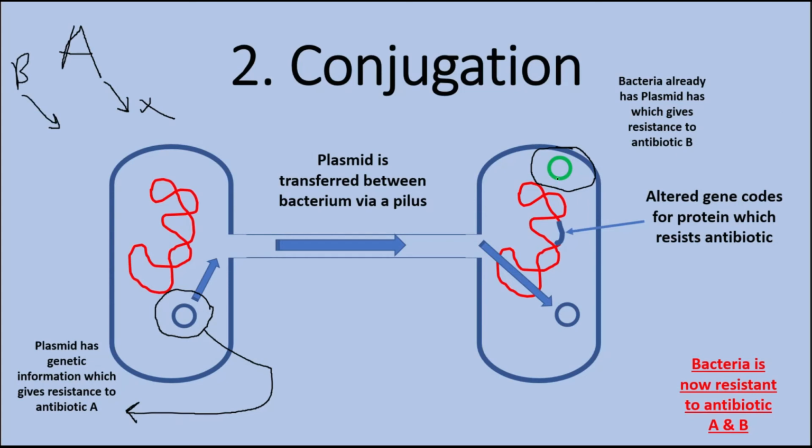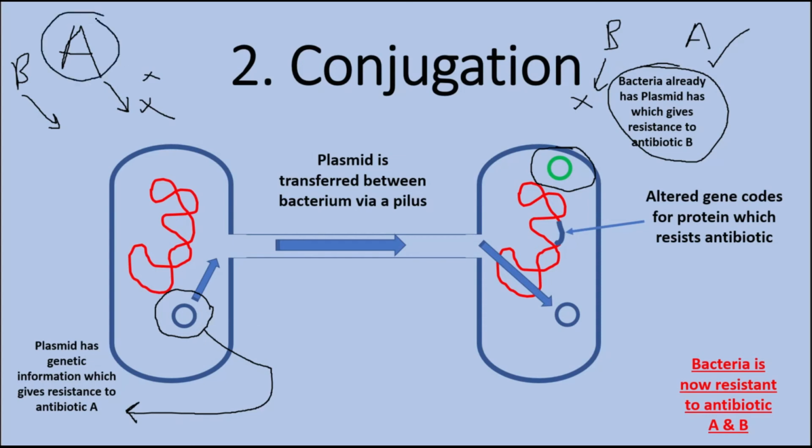And over here you've got this bacteria, which has the plasmid, the genetic information to resist antibiotic B. So antibiotic B does not work, but antibiotic A does. So it doesn't over here, and it does over here. So this is the gene for it down here. This is the gene to resist this antibiotic.